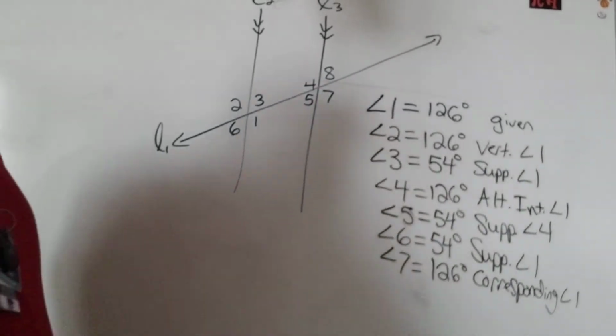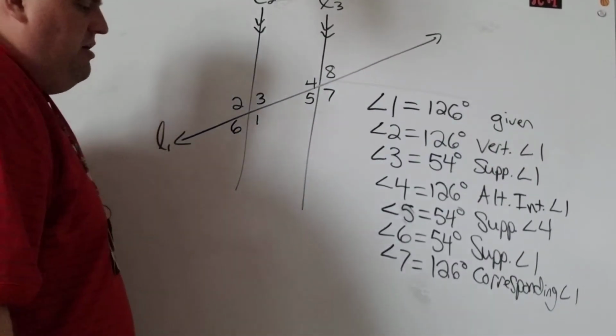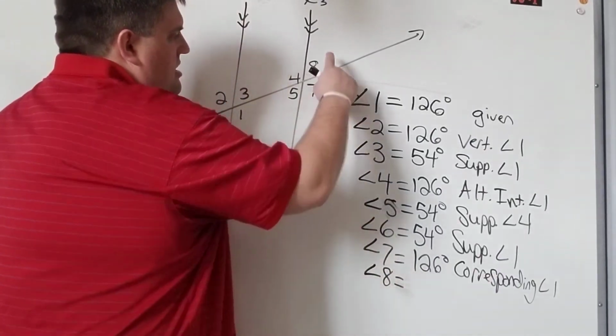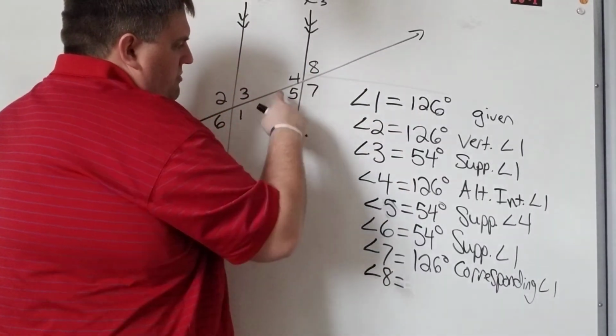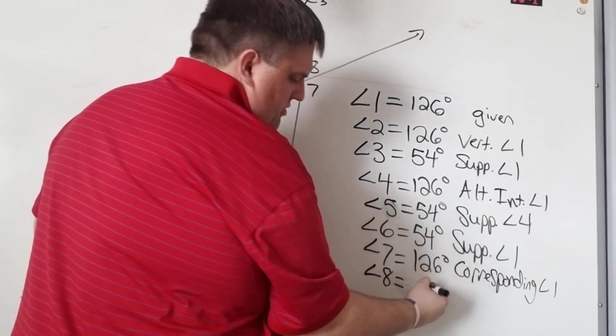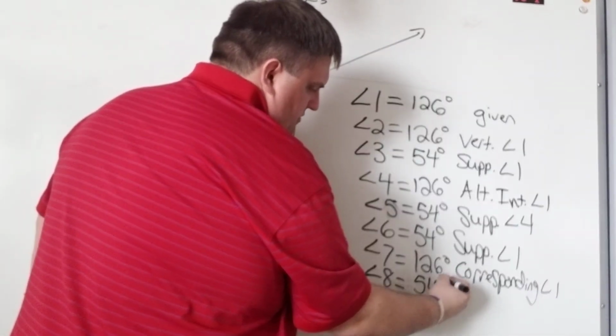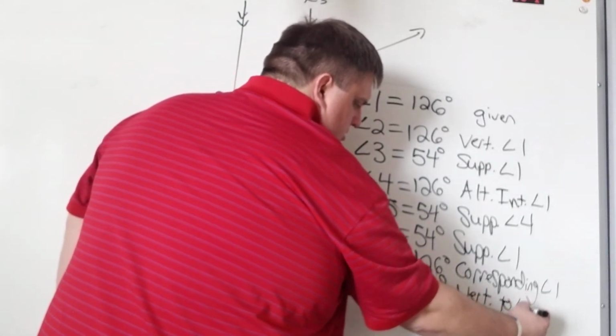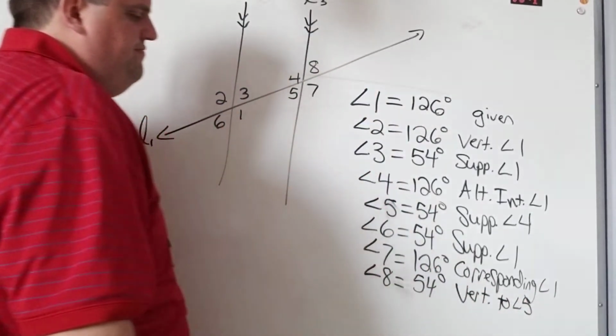Whoop, there we go. Corresponding to angle 1. And my very last angle, angle 8, is not related to angle 1. We'll just say it's vertical to 5. So 5 is 54, so that means 8 is also 54 because it's vertical to angle 5.